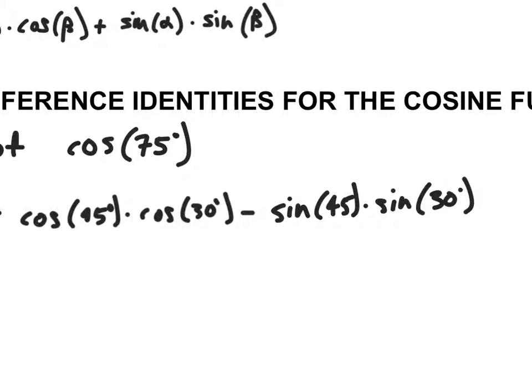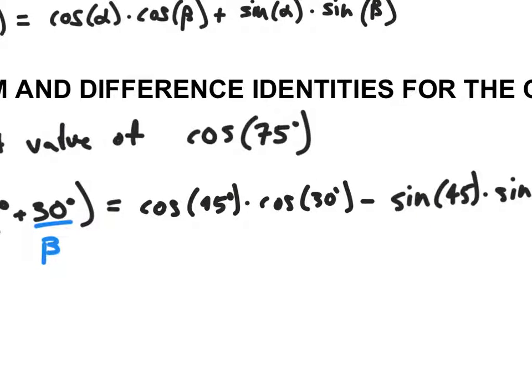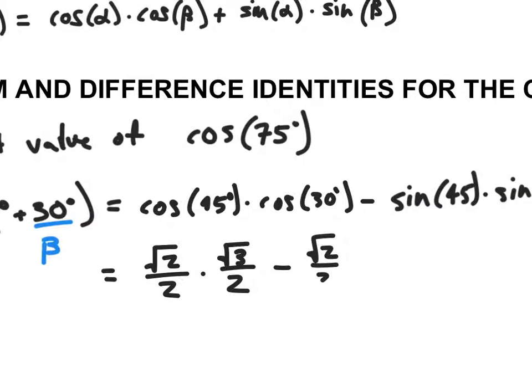Okay, so now we have to use these values and evaluate. Cosine of 45 degrees is simply the square root of 2 over 2. Cosine of 30 degrees is square root of 3 over 2, minus sine of 45 degrees, which is root 2 over 2. And then sine of 30 degrees is simply 1/2.